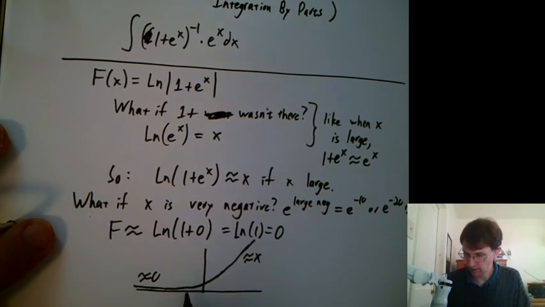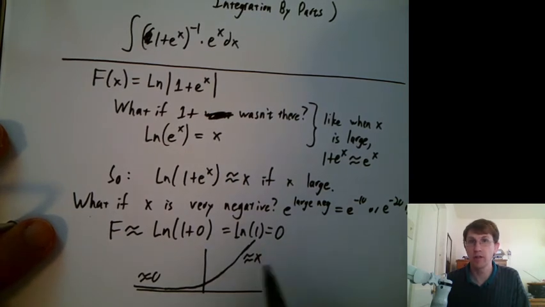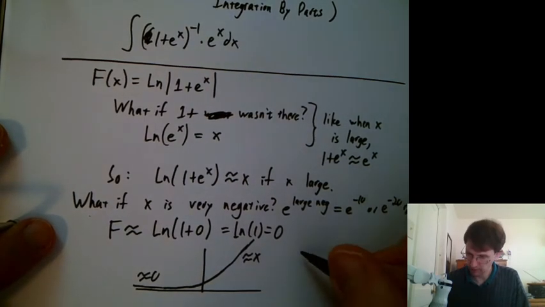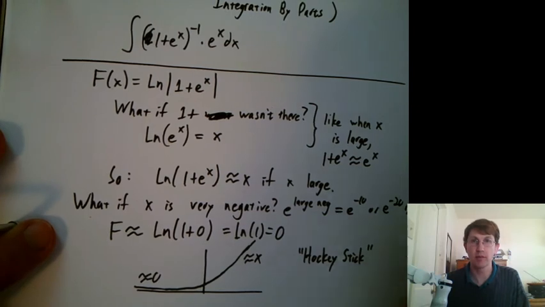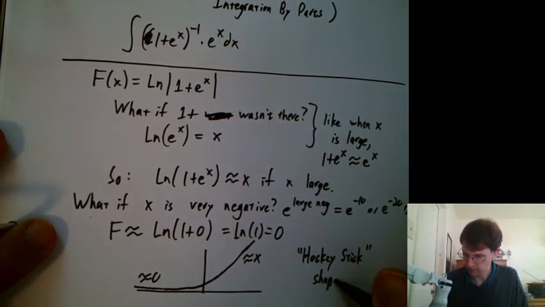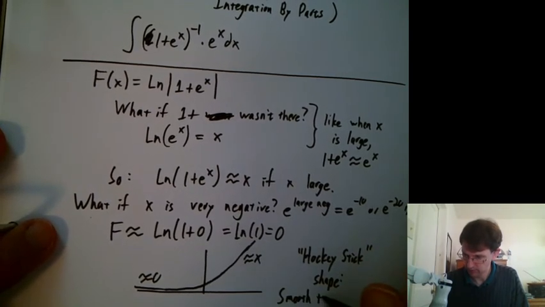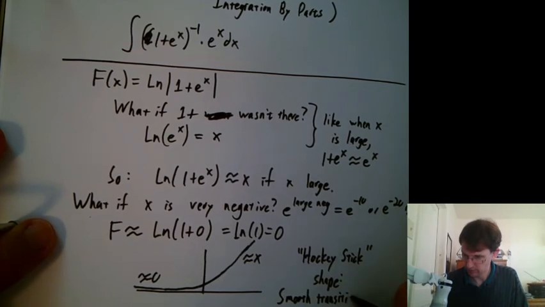You could say the handle of the hockey stick is here, and then the curved blade of the hockey stick is going up this way, but it's actually linear. I'm not saying this is the only hockey stick shaped function, but it is one of the hockey stick shaped functions. So it's a smooth transition from flat to linear.